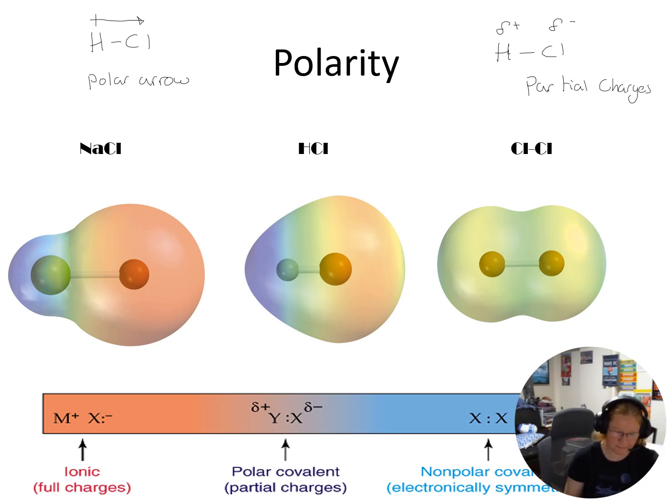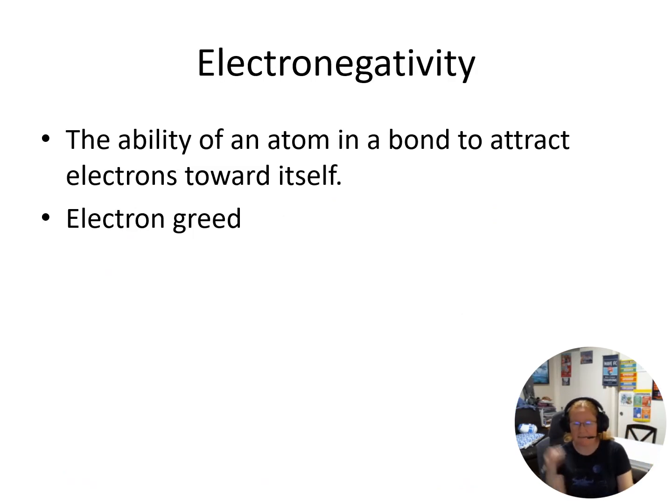Okay. So electronegativity. It's the ability of an atom in a bond to attract electrons toward itself, i.e. it's the electron greed. The more electronegative something is, the more greedy it is for electrons.